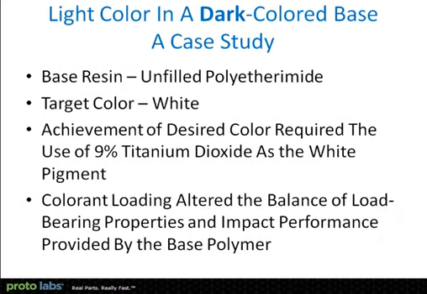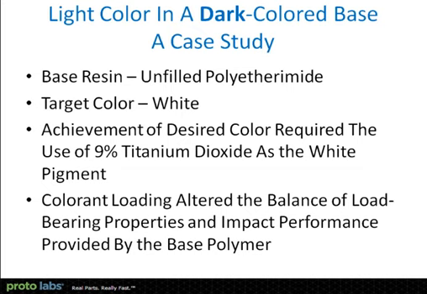The light color and dark color case study here is Ultem, polyetherimide. If you've seen natural Ultem, you know what it looks like. It has kind of an amber tint. It's getting lighter as the years go on, but it's still far from a water clear material like polycarbonate. And this was 20 years ago when the color was a lot darker than it is today, and the desired color on the part of the customer was white.